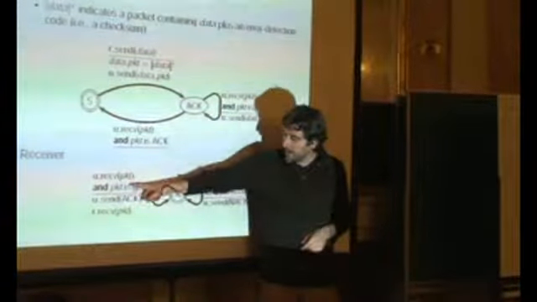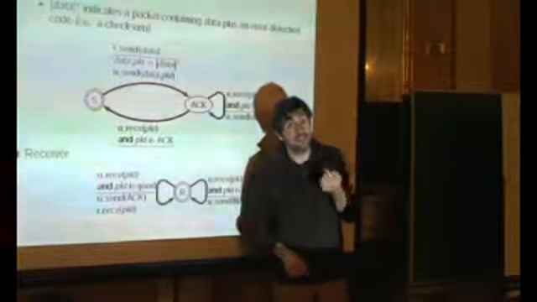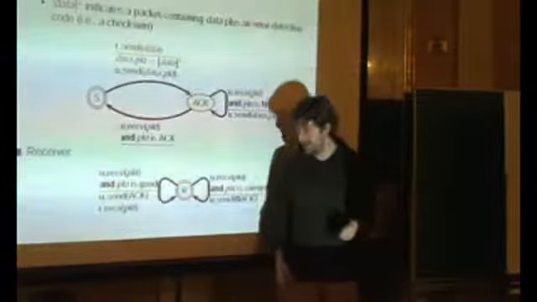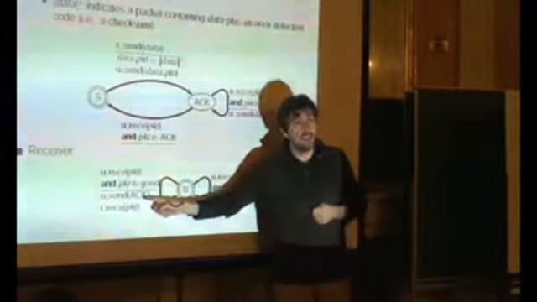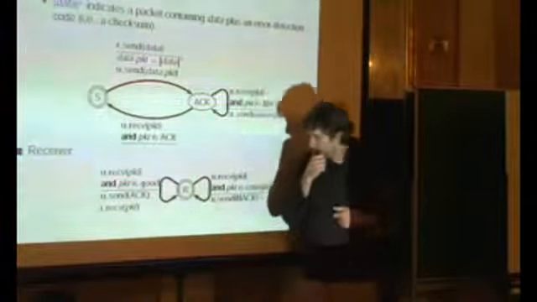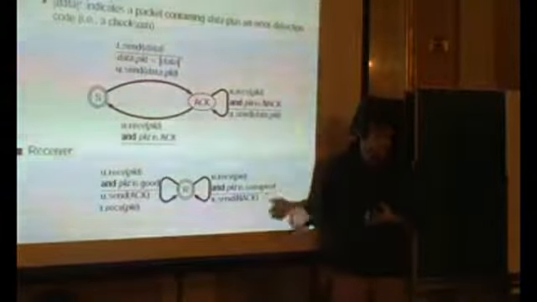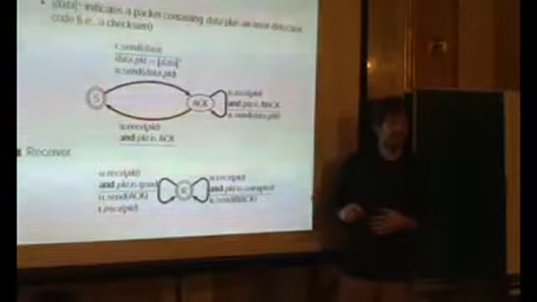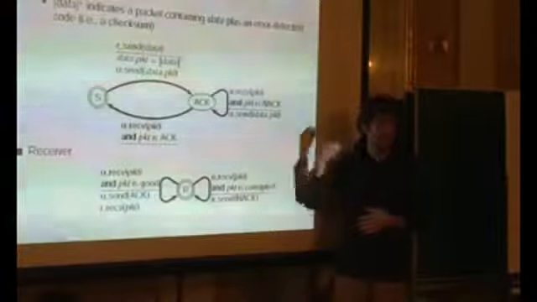If it receives a packet and the packet is good, so the receiver checks the error detection code, and the error detection code says okay, then it sends an acknowledgement and it delivers the packet to the application. If it receives a packet and the packet is corrupted, which again it decides based on the error detection code, then it sends a negative acknowledgement and it obviously doesn't communicate the data to the application, right?